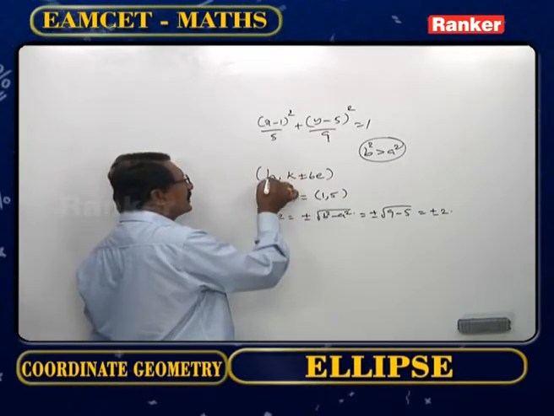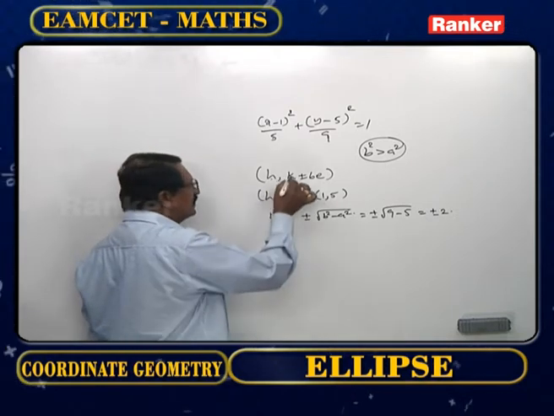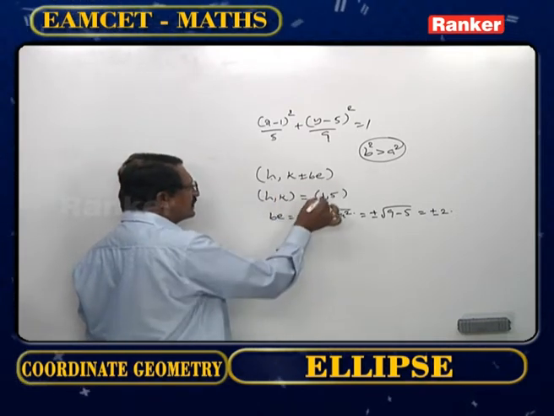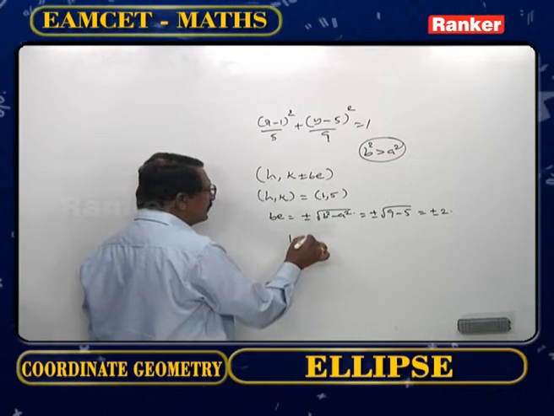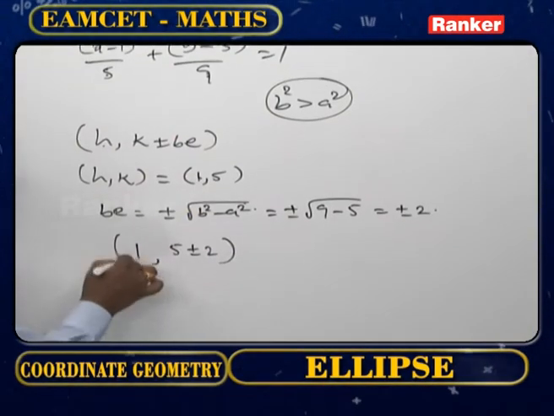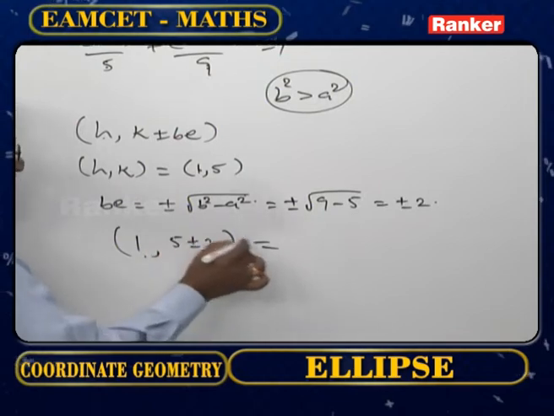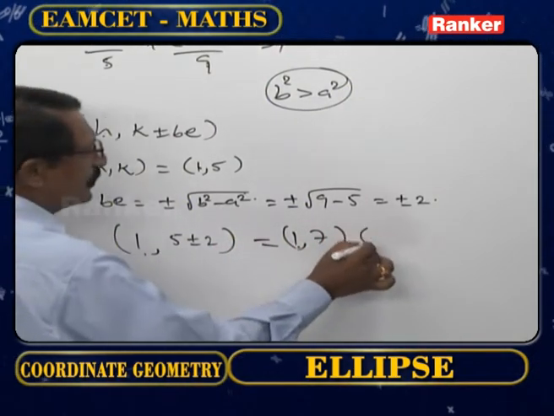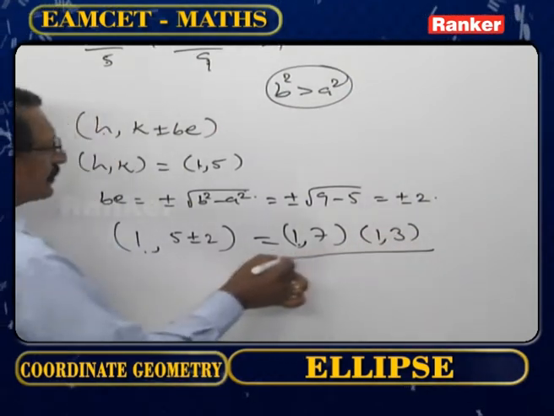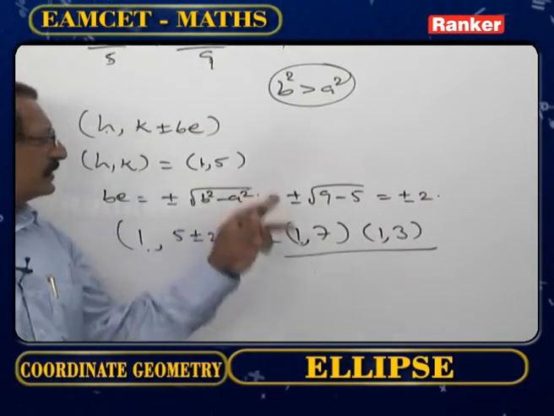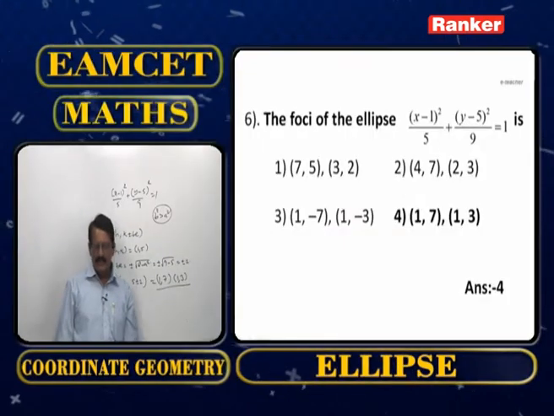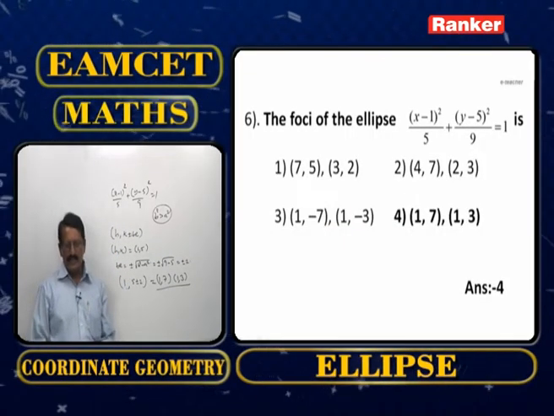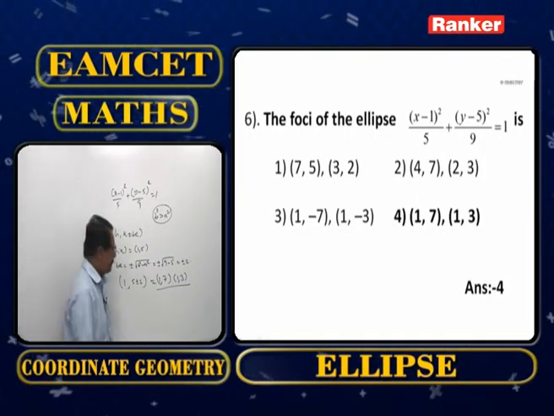Then the foci are h comma k plus or minus be, that is 1 comma 5 plus or minus 2. If we take the plus sign, we get 1 comma 7 as one focus, and with the minus sign 1 comma 3. Now the foci of the given ellipse are 1 comma 7 and 1 comma 3. Now the fourth option is correct.